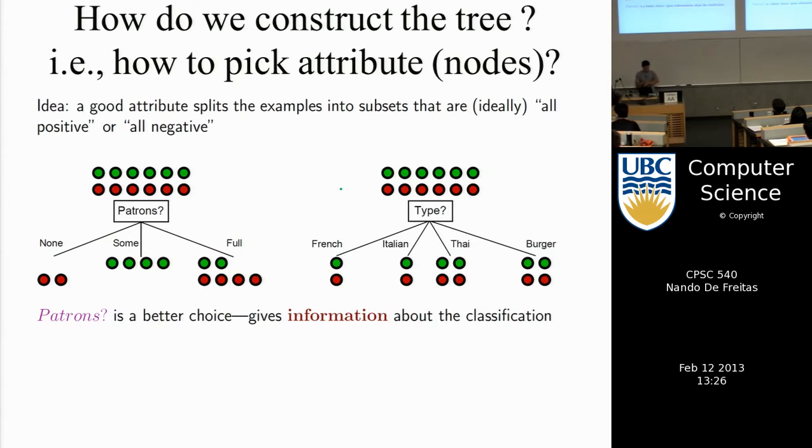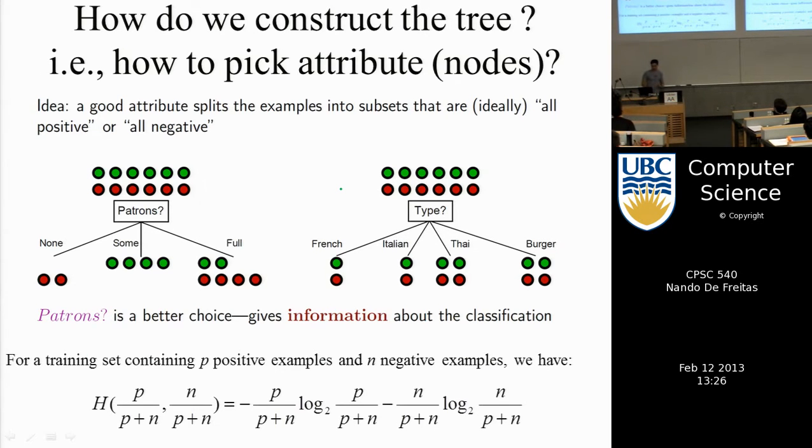Okay, and so in order to make this decision, we will use the concept of entropy. Entropy is a measure of uncertainty, or equivalently, a measure of information. The entropy of a binary variable: we have two classes.